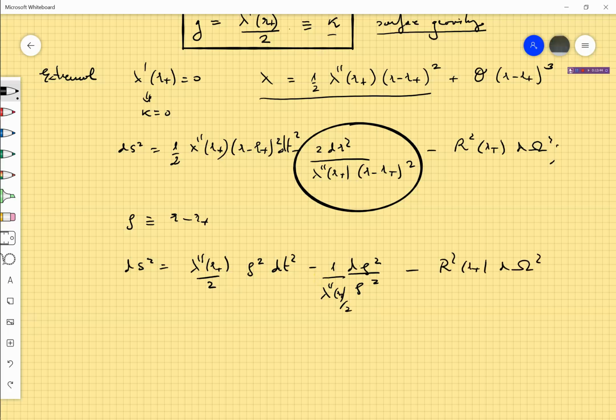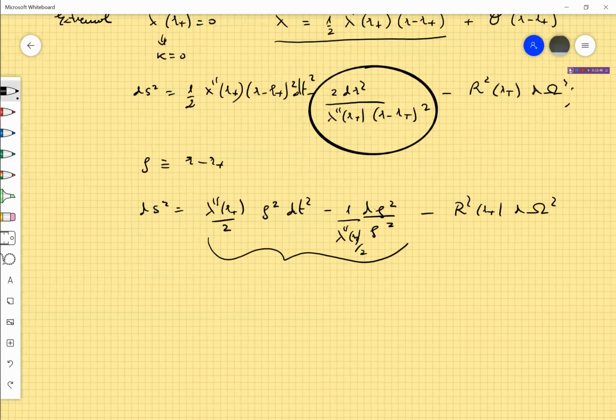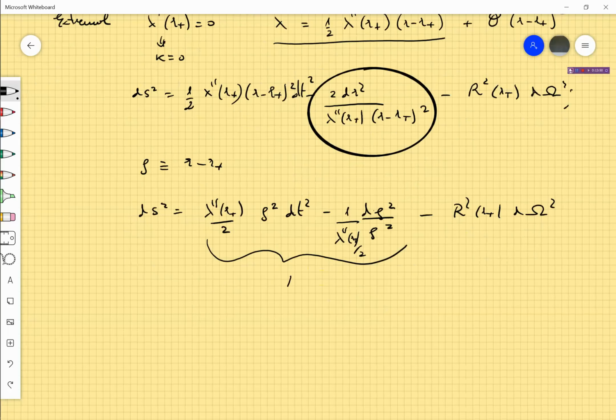And now you compare with what we studied before. This is just a metric of AdS2, the two-dimensional anti-de Sitter space-time with a radius which is the square root of lambda second r plus divided by 2. Okay, and a two-sphere. As different from the Reissner-Nordstrom case, which was very particular, it corresponds to just Einstein-Maxwell.